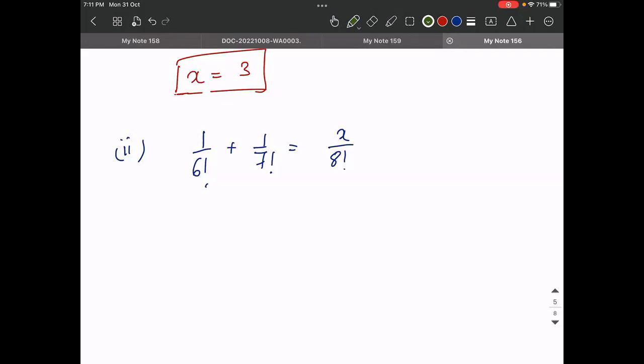What is the LCM of 2 and 3? What is the HCF of 2 and 3? 1. But highest common factor should be higher, so why is it 1? Right.